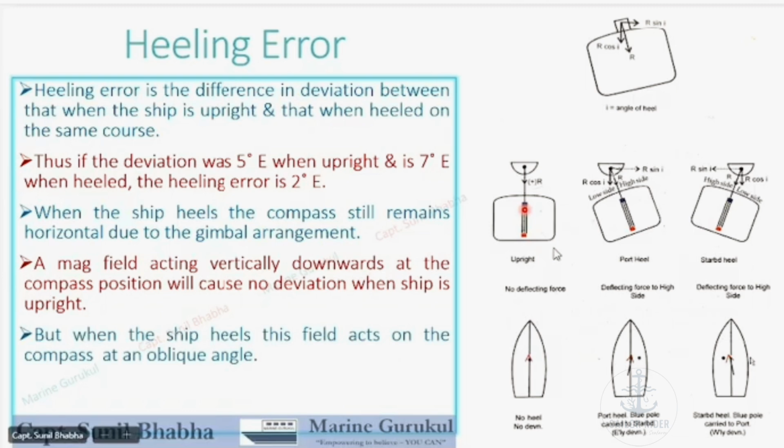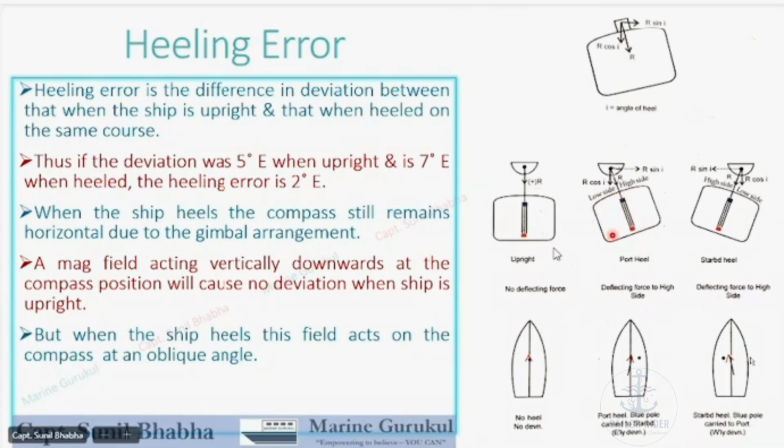Now, as soon as the ship heels to either side, have a look at this particular diagram. The vessel is heeled to the port side. As soon as the vessel is heeled, this field now acts on the compass at an oblique angle. Why has this happened?